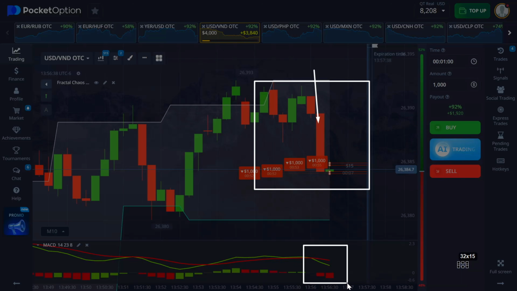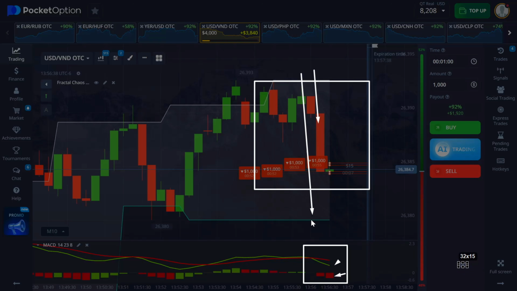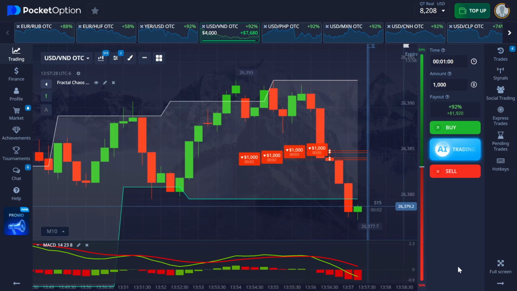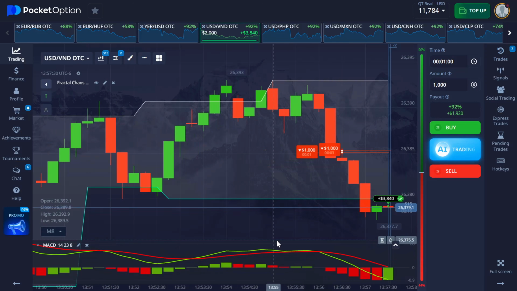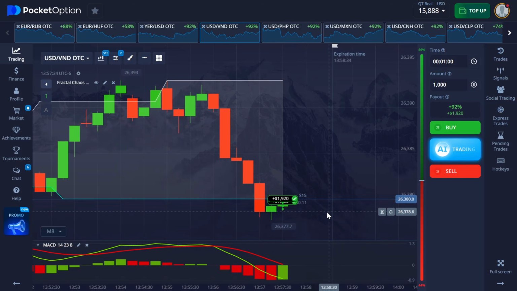MACD crossed officially, and there were multiple histograms. So now my confidence is increased. I'm expecting price to come at least to the end of this band here and probably reverse or continue. Let's see what's gonna happen here, guys. You see that? That's what I'm talking about, guys. Beautiful. See that? That's how trading is.